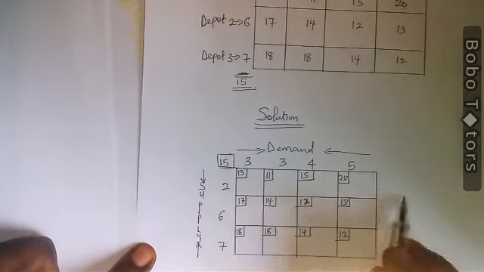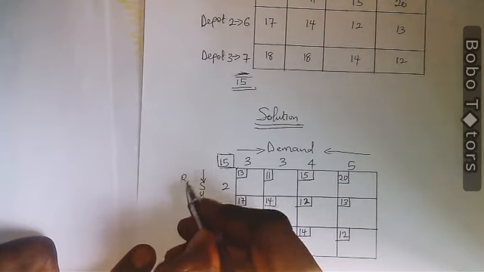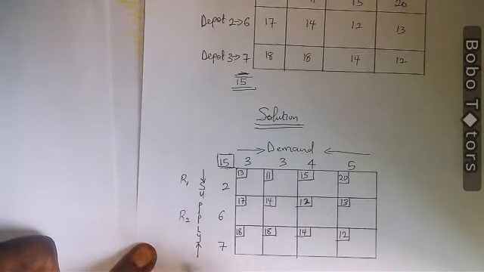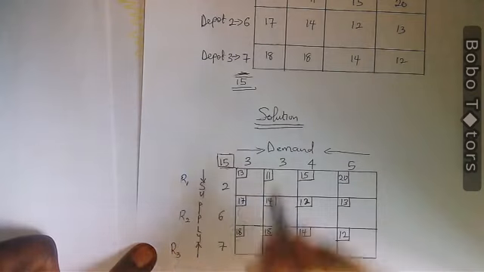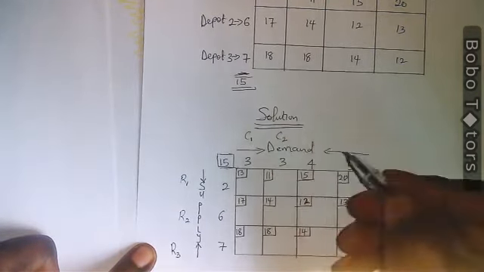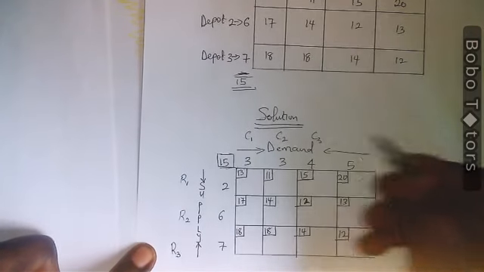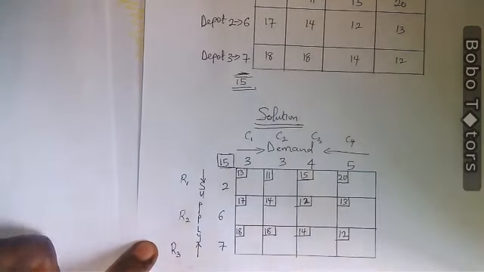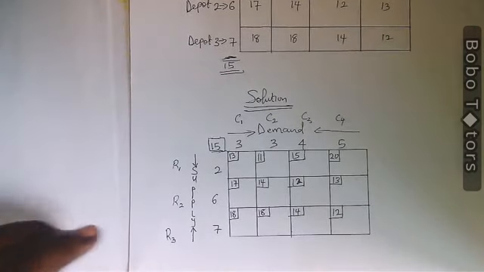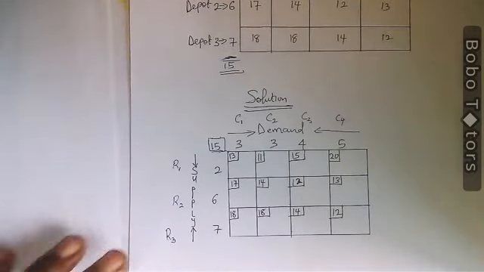So I will name this row 1, row 2, and row 3. Here I will name this column 1, column 2, column 3, column 4. Now listen and pay attention to this.